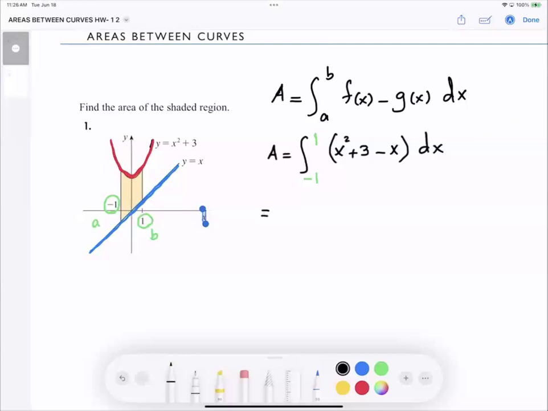So the area is equal to x cubed divided by 3 plus 3x minus x squared over 2, where x ranges between -1 and 1.